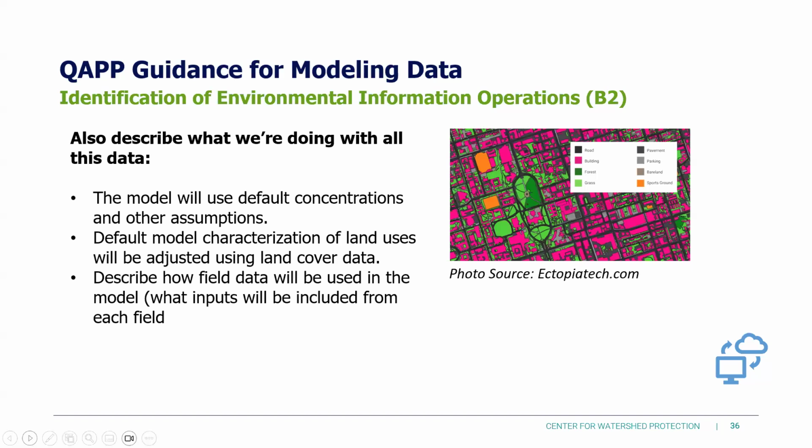There was a little bit of an adjustment to this model: the model might just say residential, but we're going to tweak that so that it reflects what residential land looks like in this watershed. That would need to be laid out in your QAPP. So you'd show the equation for how you do that.